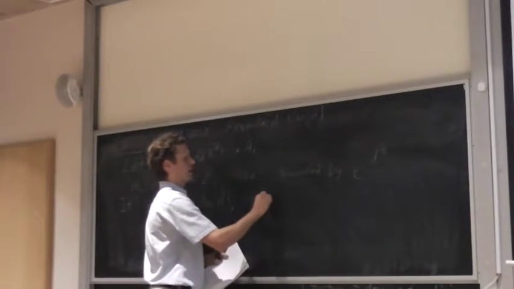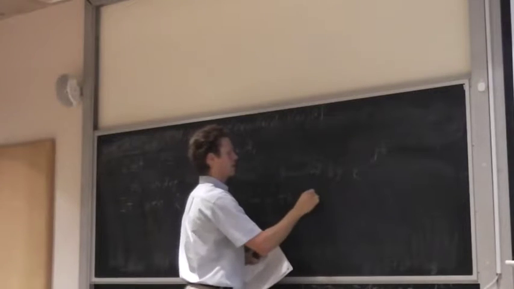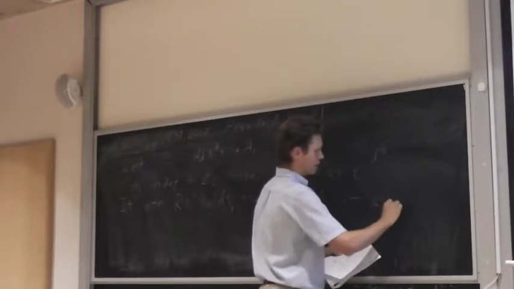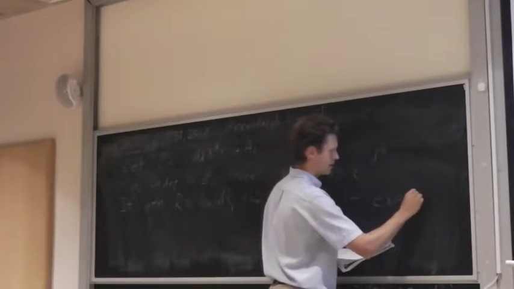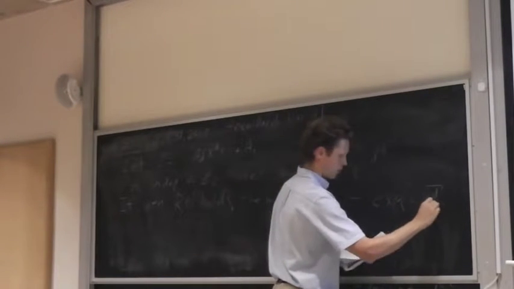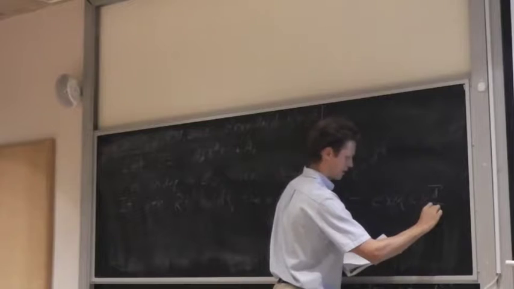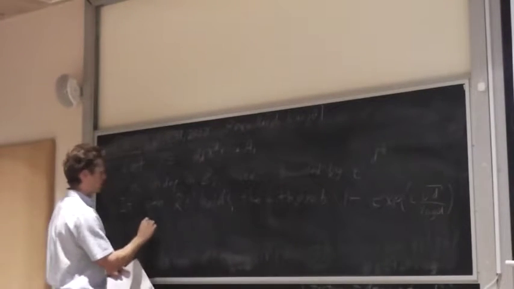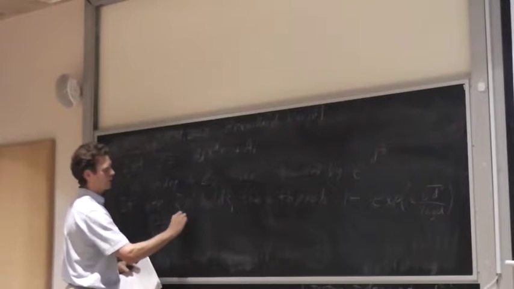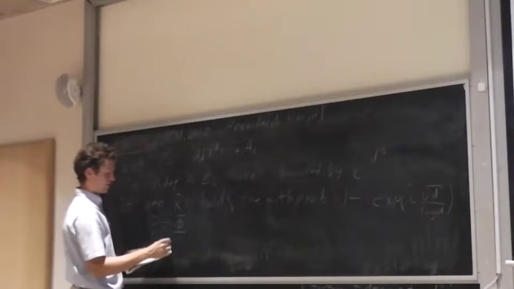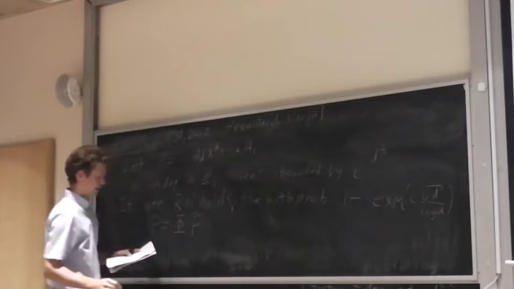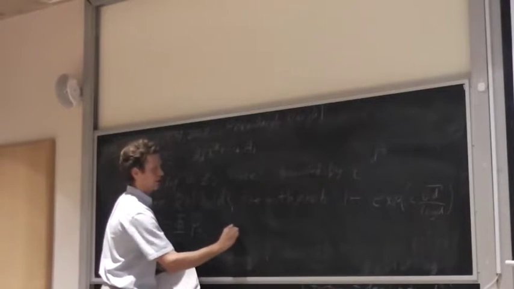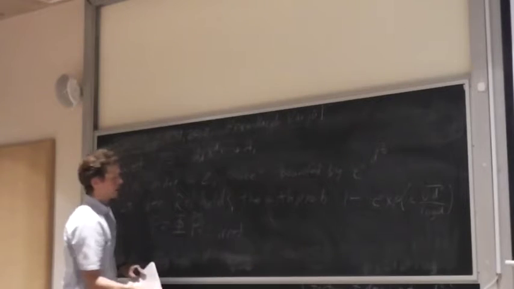Then this probability is 1 minus a very small error, e to the c root b over log b, that this polynomial p is equal to capital Phi times p tilde. And what is special about these? P tilde is irreducible. So there is some irreducible part.